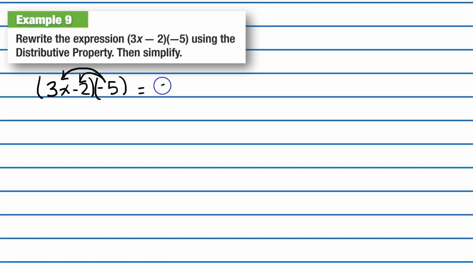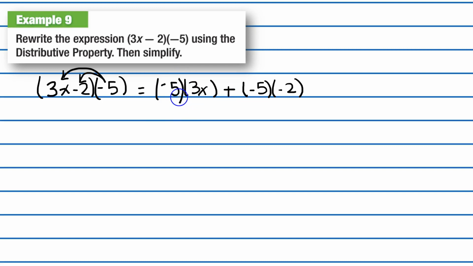So this is the same thing as negative 5 times 3x. And I'm going to say plus negative 5 times negative 2. And I'm going to actually put parentheses around this one too so they look the same.